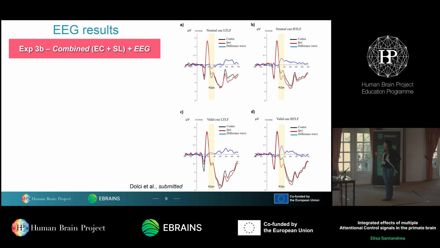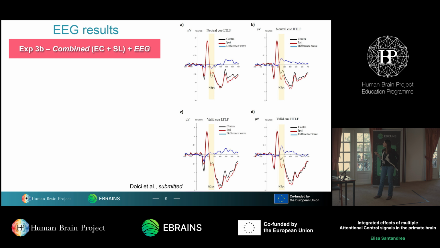So here is the computation of the N2PC component, which is a posterior lateralized component that is generally contralateral to the target location and is related to target selection. And here the raw data are shown for the ipsilateral and contralateral activity after the stimulus onset.